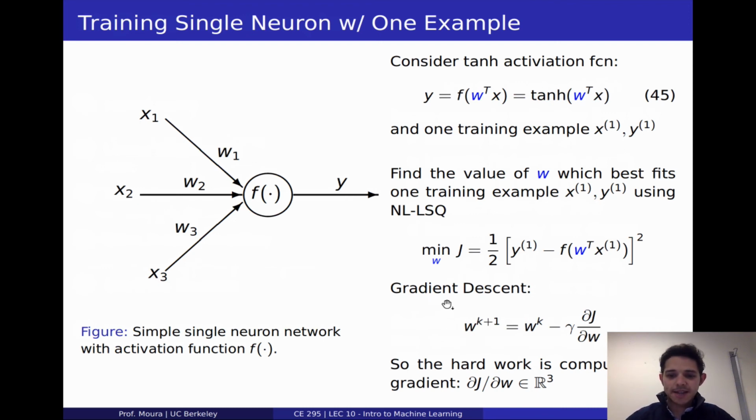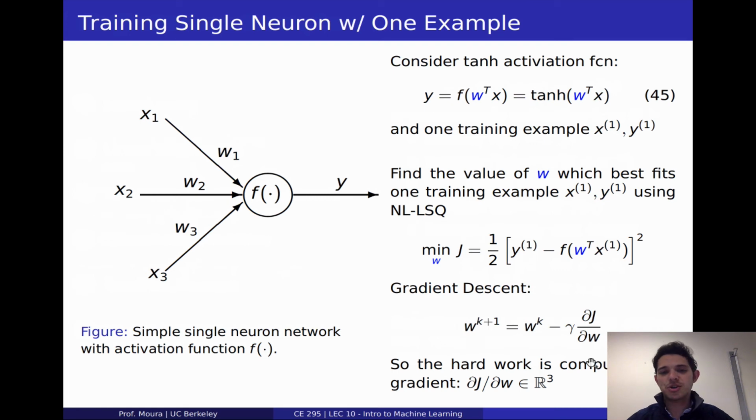So this is all pretty straightforward. The hard work is really in computing the gradient partial J partial w. And note, this is 3 by 1 because w is a vector which includes w_1, w_2, and w_3. Right? So now what I want to focus on is the fact that training is basically about computing this gradient partial J partial w.